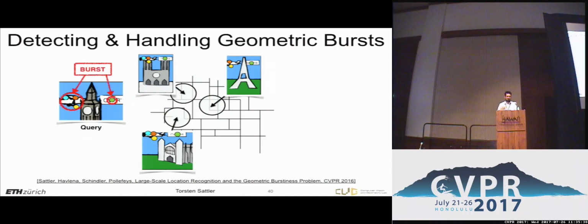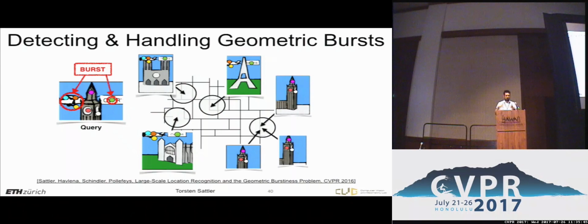That gives you an indication that this is a repeating structure, and you can just ignore it. While if you only observe this inlier relationship at a single place, you can be pretty sure that this is a valid, unique structure.